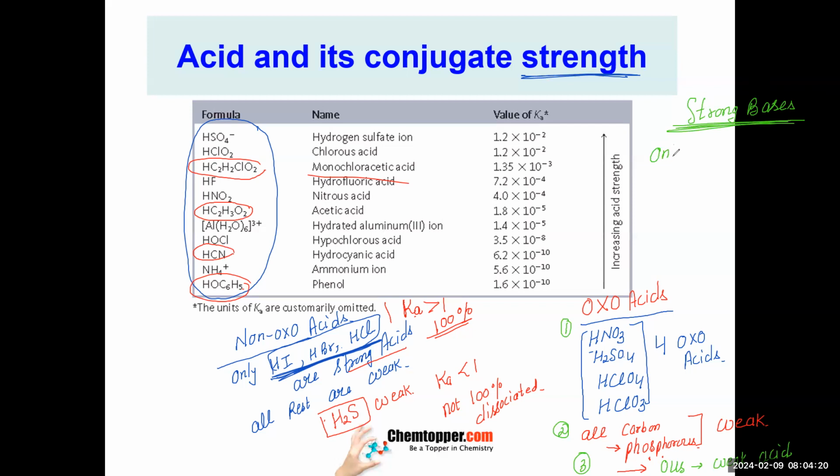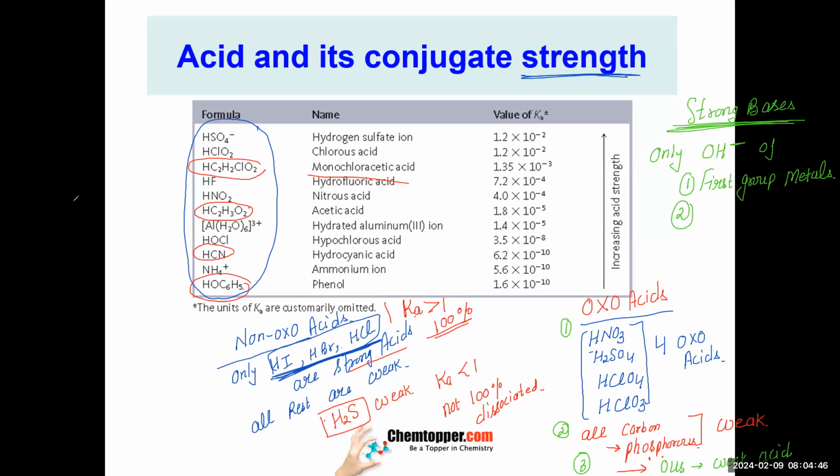Only hydroxides, you know, hydroxides are bases. Only hydroxides of first group metals. You know first group metals from the periodic table? Sodium, potassium, lithium, cesium, rubidium.